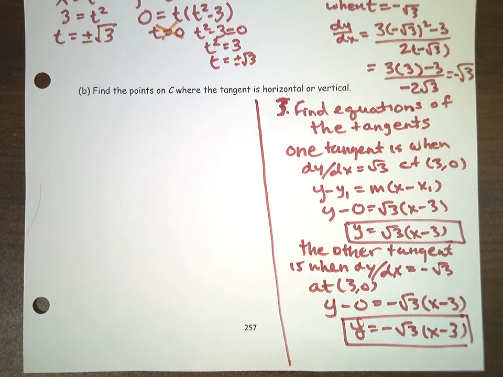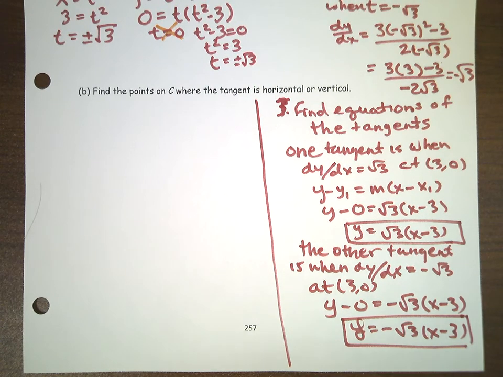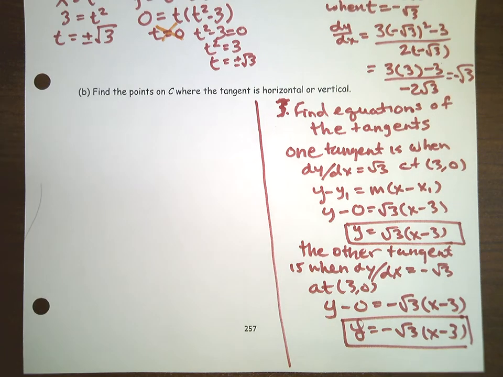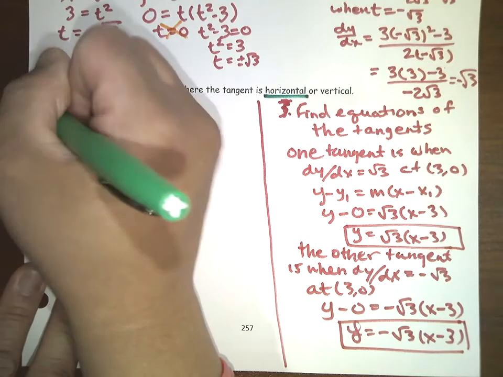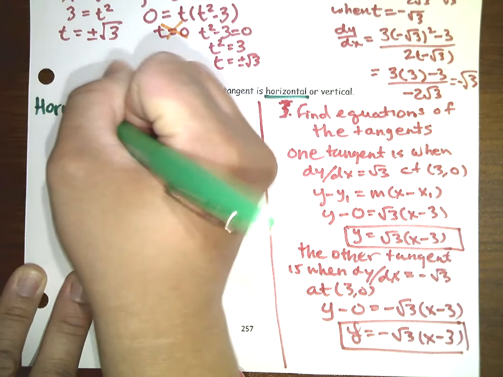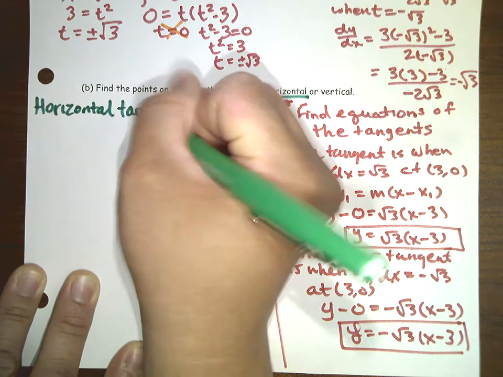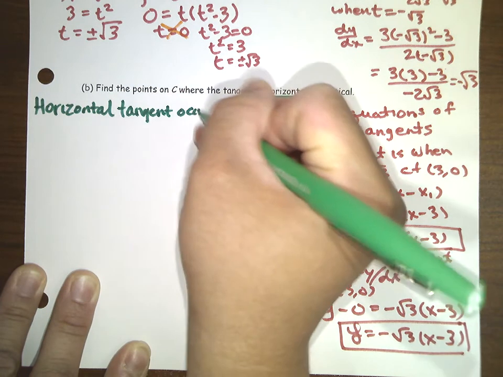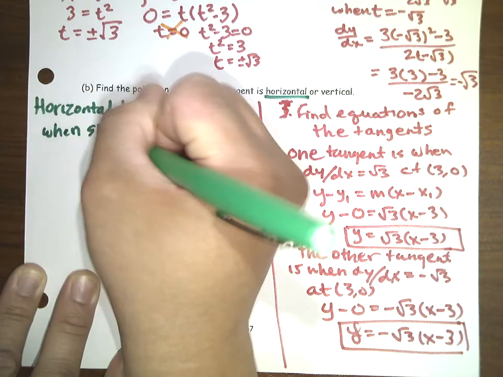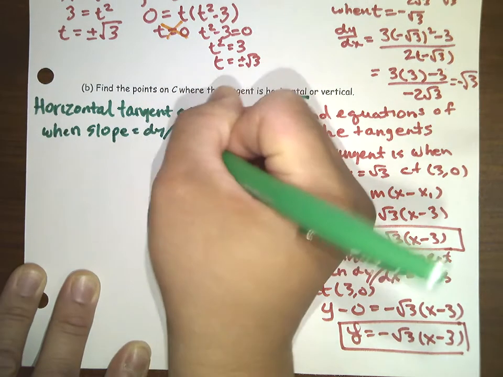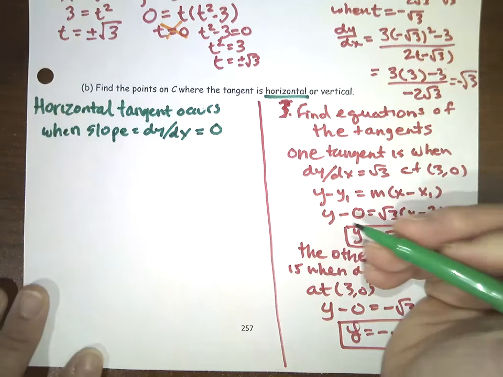So find the points on C where the tangent is horizontal or vertical. So just remember that a horizontal tangent occurs when the slope, or dy/dx, is equal to 0.